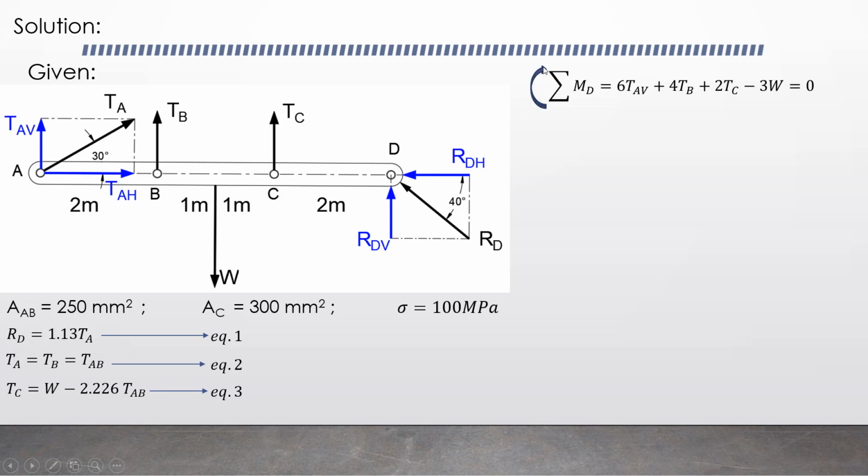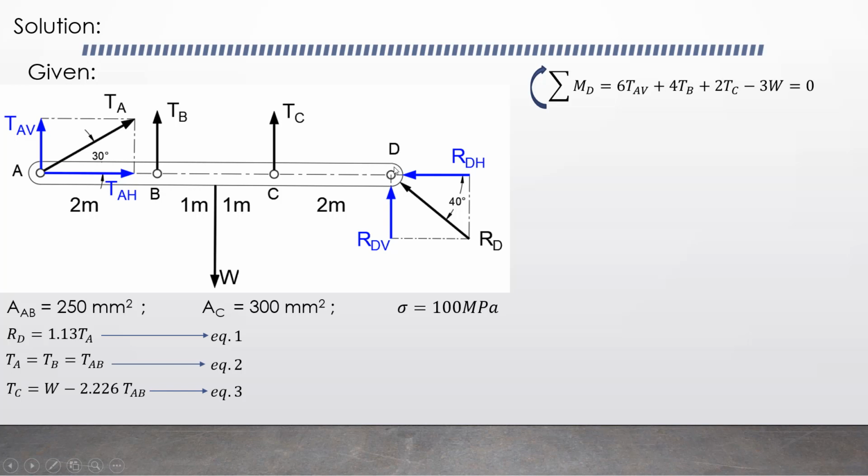It means that when the force tends to rotate the object clockwise, we're going to use a positive value, and when it tends to rotate the object counterclockwise, we're going to use a negative value. In this figure, we're going to use our point D as our reference for getting the moment.